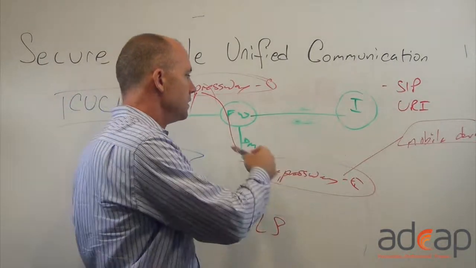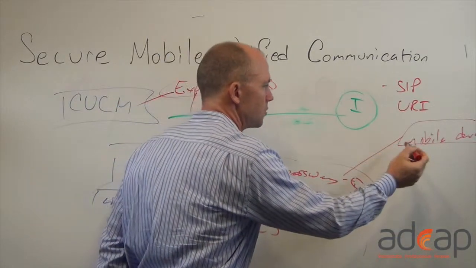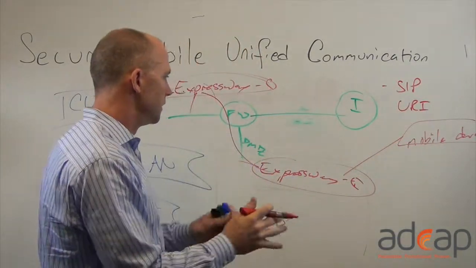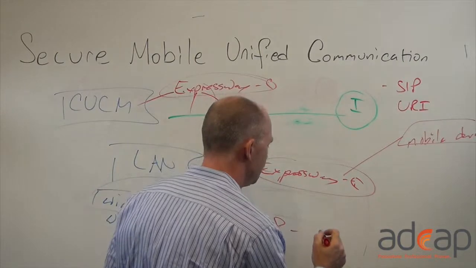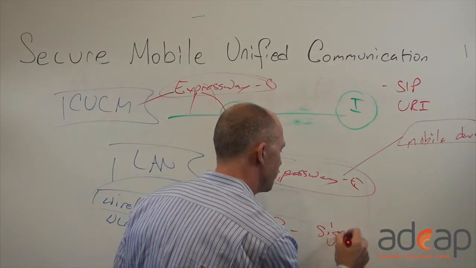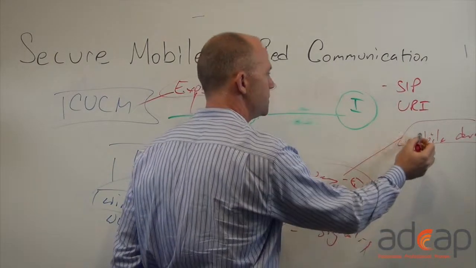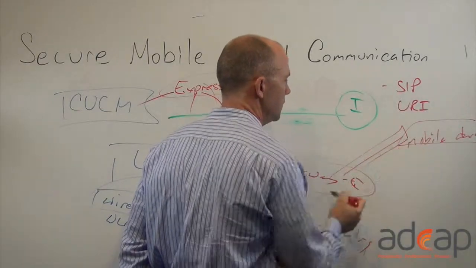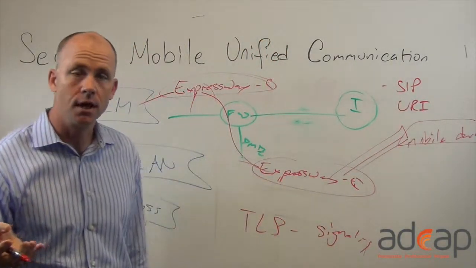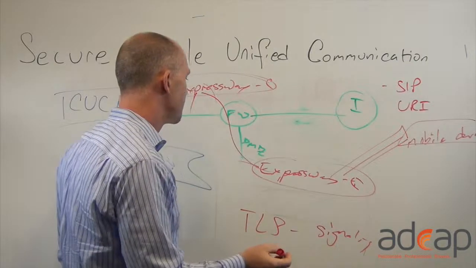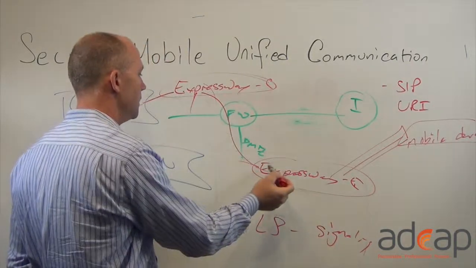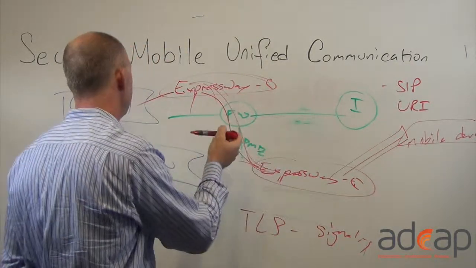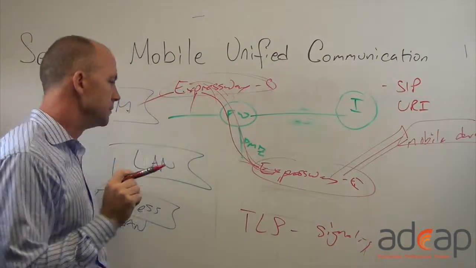And what that does is encrypt the information about it. Remember the signaling part that we talked about? So it encrypts that from the mobile device, and that's inherent in the Jabber client, all the way to the Expressway. And then it also does an encryption through here, and then we can go back to unencrypted.